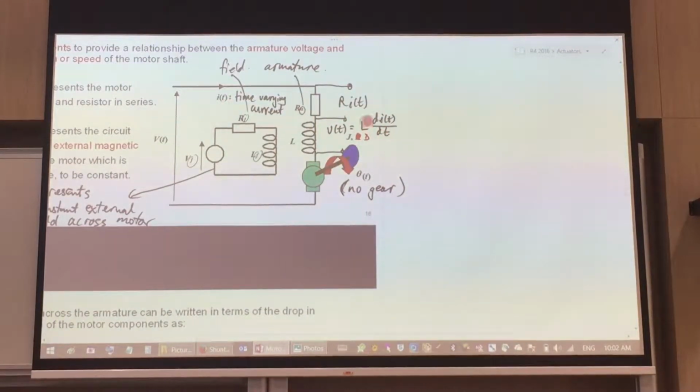Right, that is your voltage across an inductor. So altogether, this voltage over here will be R i(t) plus L di/dt. That's the total voltage.